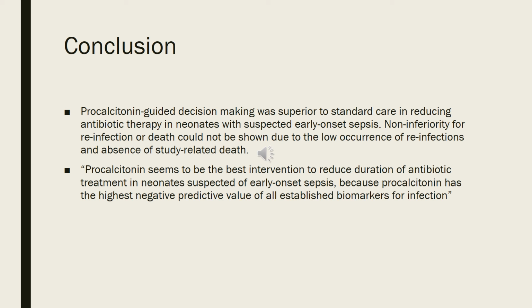So that's where we can include a larger population size and assess that as well. They did say procalcitonin seems to be the best intervention to reduce duration of antibiotic treatment in neonates suspected of early onset sepsis, because procalcitonin has the highest negative predictive value of all established biomarkers for infection.